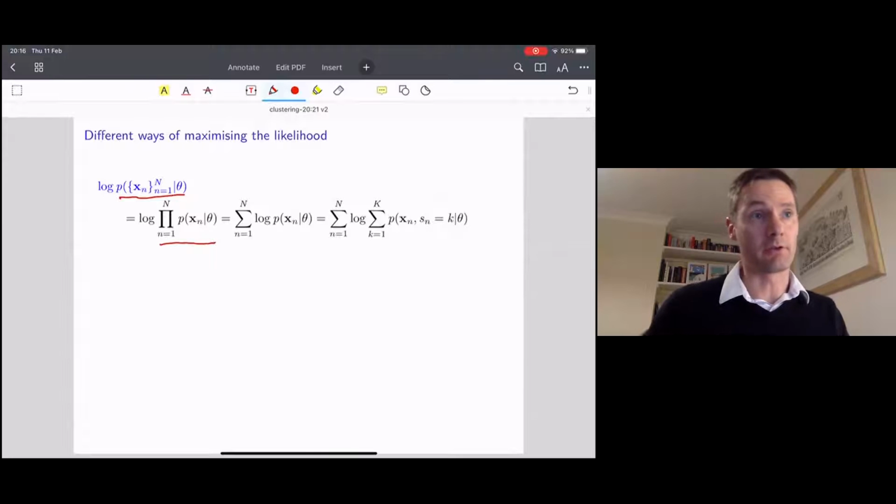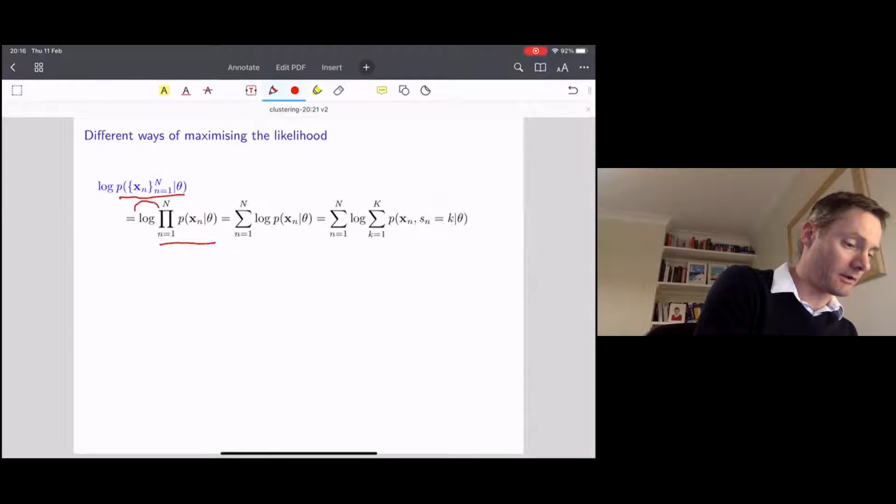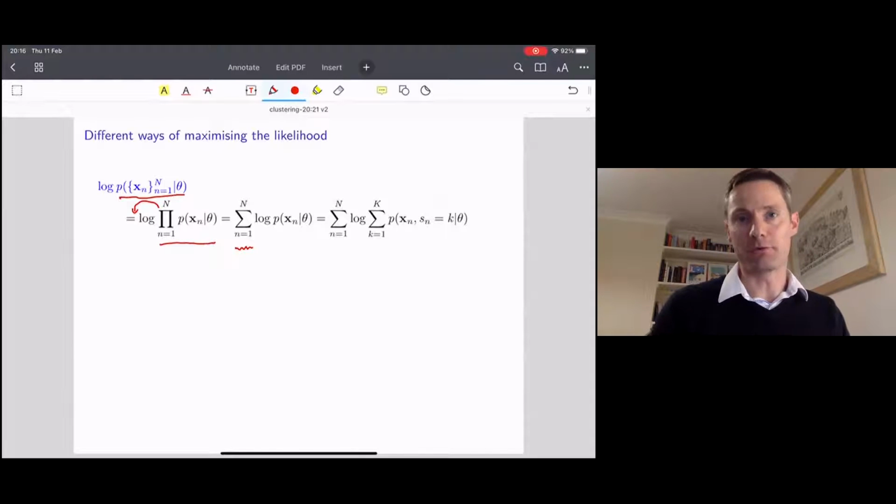That's what I've done on the first line here. And then that product can come outside of the log and turn into a sum. This is making things easy for us because sums of logs are much easier to handle than products of things. So the log has come to our rescue again and turned this product into a nice sum.